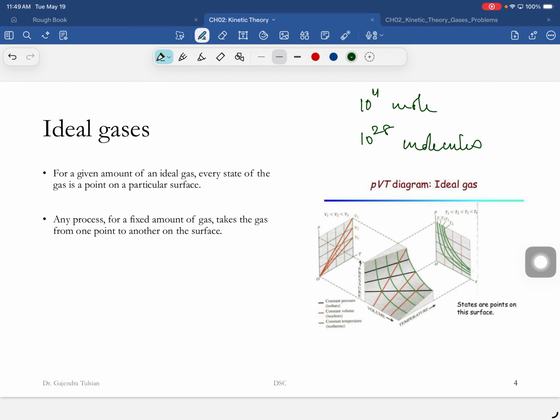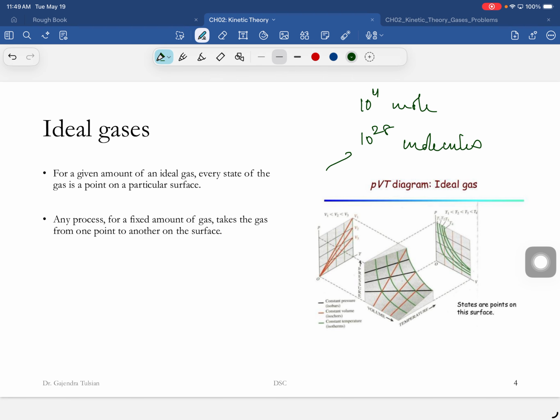And the assumption is the molecules don't interact with each other except when they collide. If you put all the 10 to the 28 molecules together, they'd occupy a volume very small compared to this room. So the assumption really is that the volume is the volume for the gas to freely run around in.